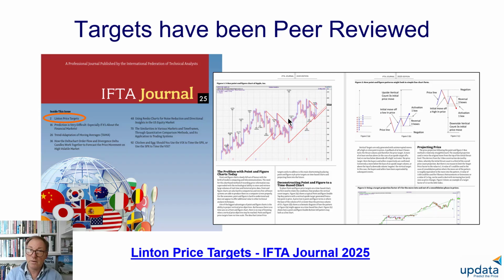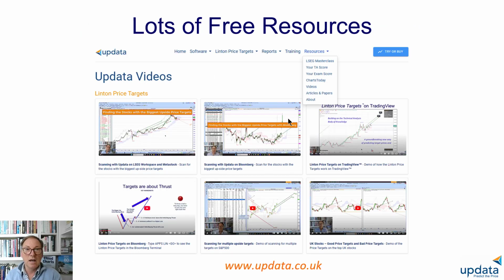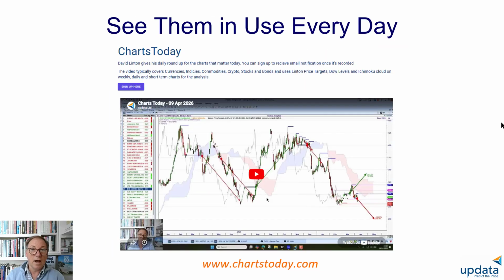So I'm going to give you lots of resources so we can learn more about these targets. If you go to the Updata website, under resources, there's videos. There's lots of videos on the targets, and this one will go there as well. So this is the latest one. And there's lots of other technical analysis resources there too. And you can see them in use every day.